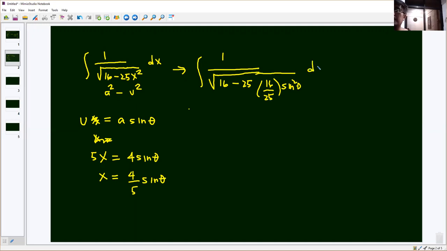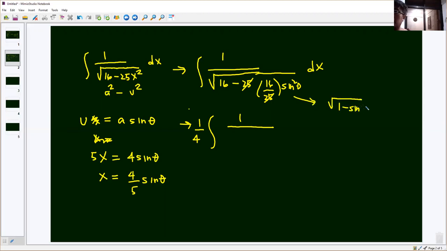Now, dx pa rin to guys, right? Dx pa rin. Pinalit ko lang. So, mangyayari, 1 over, cancel. So, 16 minus 16 sine squared ang nasa loob ng square root. Pwede nating ilabas yun. So, square root of 16 is 4, that's 1/4 outside. Now, mangyayari sa ilalim, magiging 1 minus sine squared na lang.